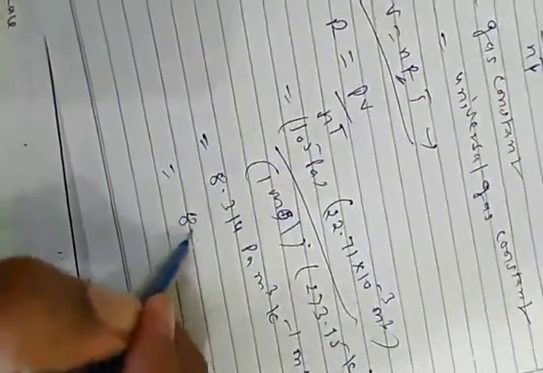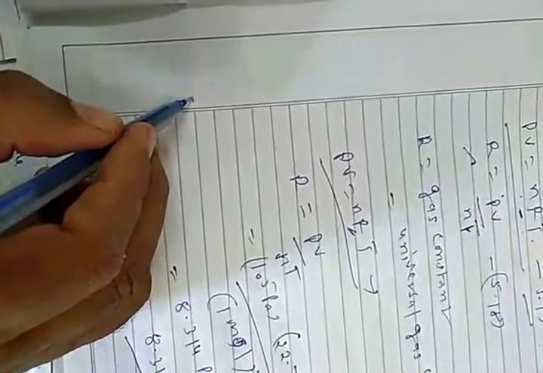Volume at STP condition is 22.71 into 10 raised to minus 3 meter cube. n is 1 mole, and temperature is 273.15 K. So the value of gas constant will come 8.314 Pascal meter cube per Kelvin per mole. In common we will convert this, and the gas constant's value is 8.31 joule per Kelvin per mole.